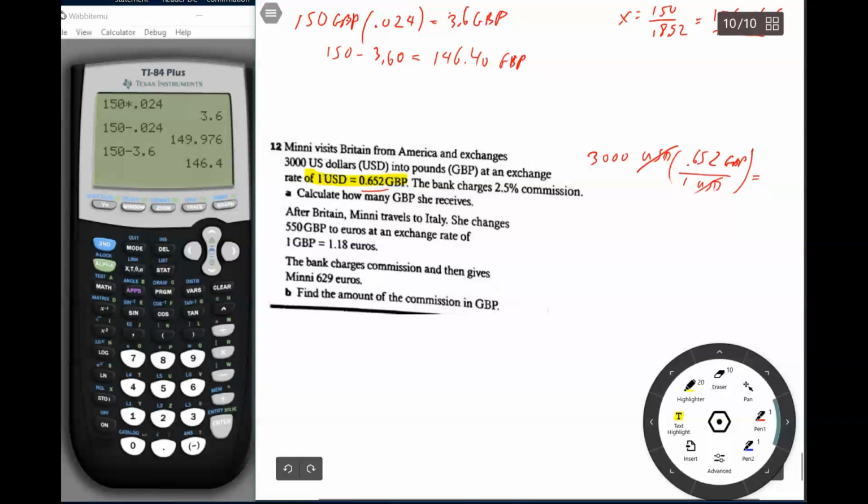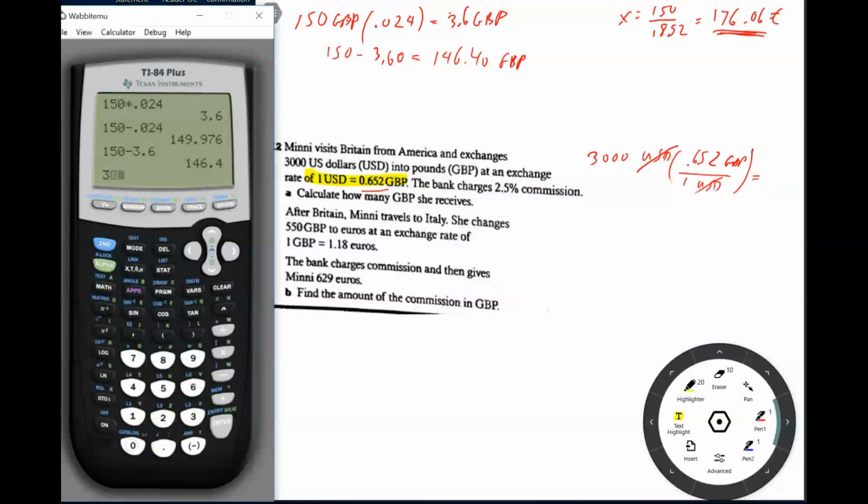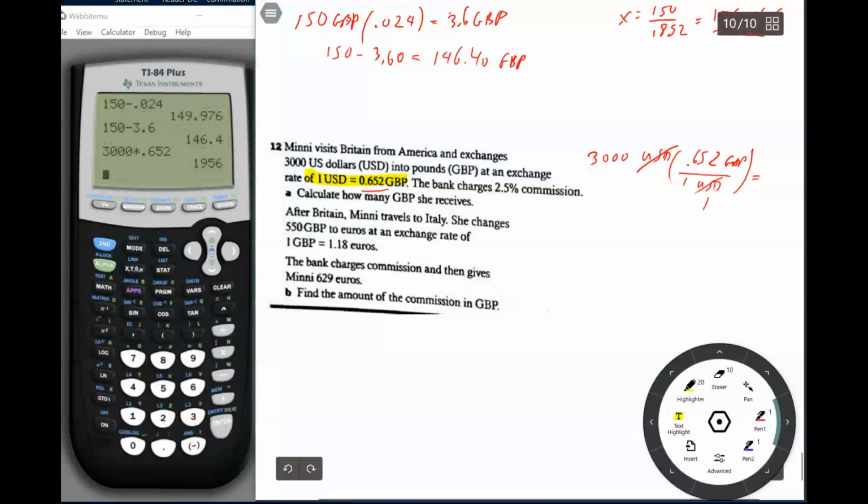And that's going to give me 3,000 times 0.652, which is 1956 GBP.